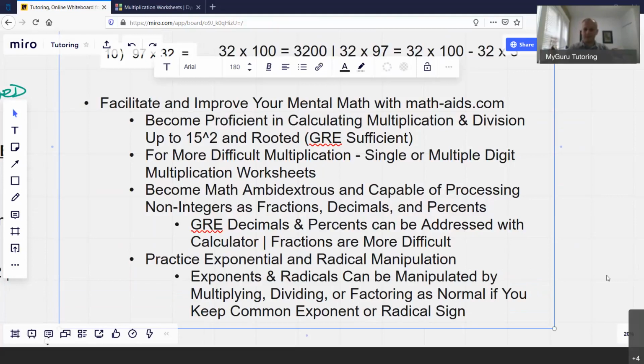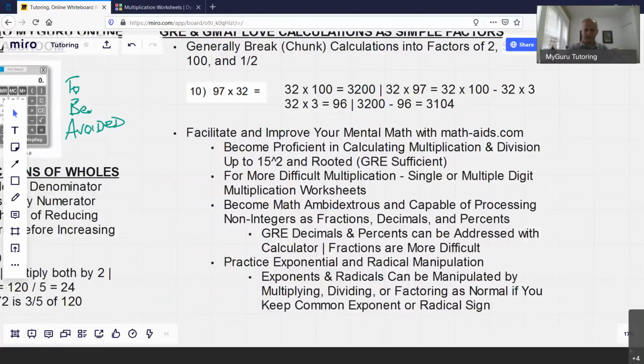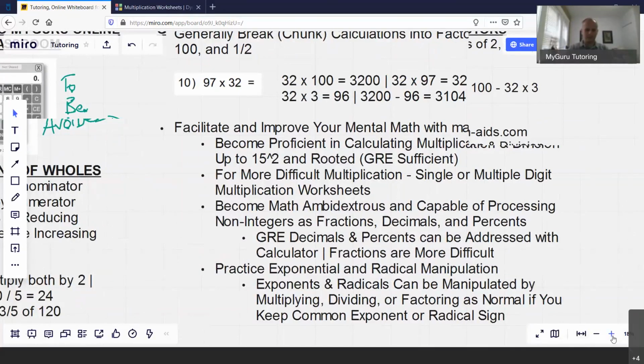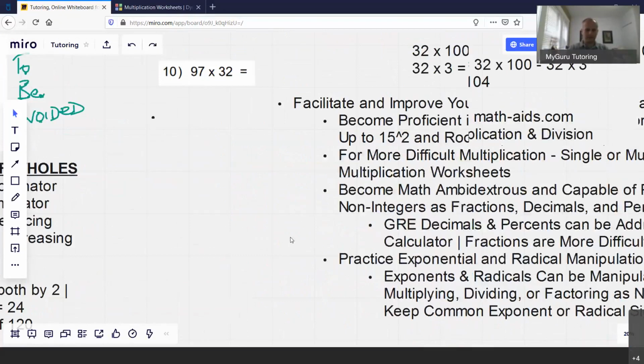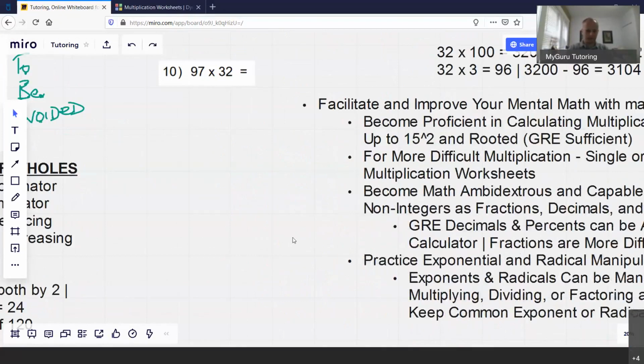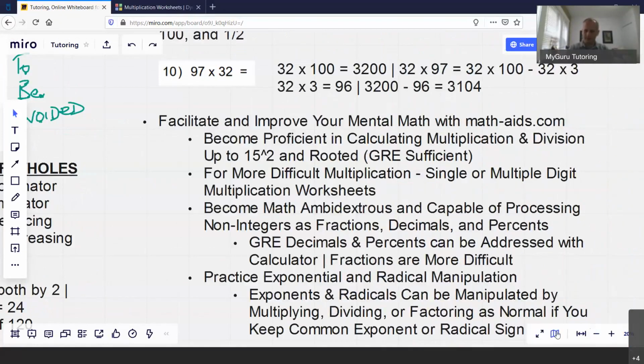So, for instance, here, as a sample, let me grab my marker here.